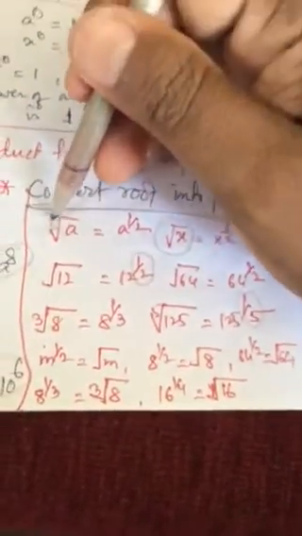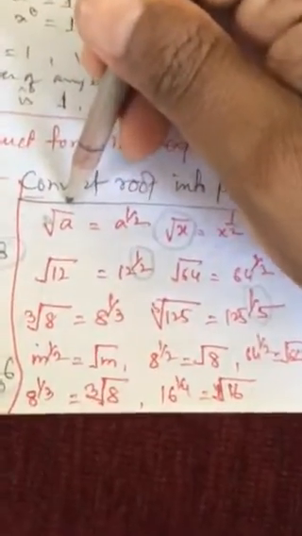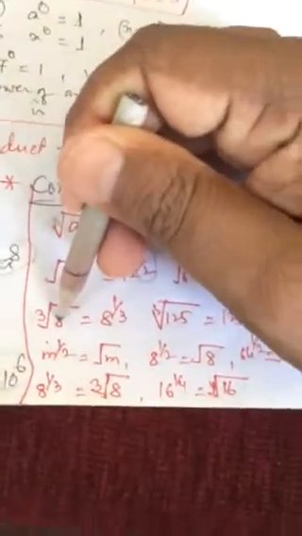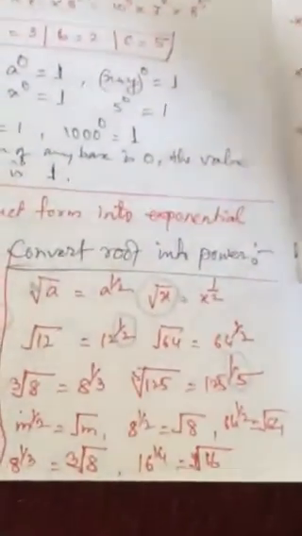So 2 root can be read as square root, 3 root can be read as cube root, and 4th root, 5th root, 6th root, 7th root have no particular name. We have to read them like this only.